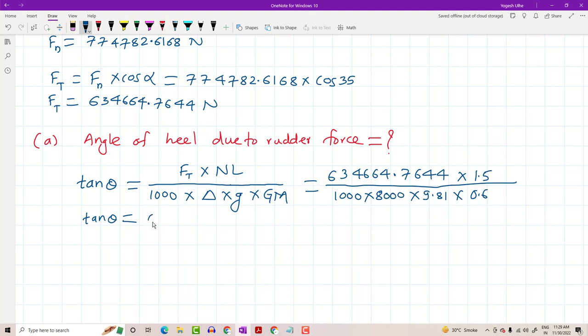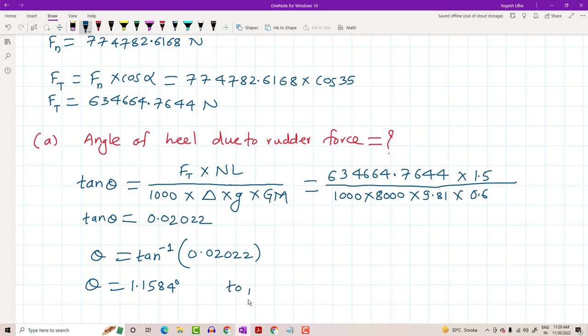If you do the calculation, we get tan theta as 0.02022, and theta will be tan inverse of 0.02022. Go to your calculator. Angle of heel due to rudder force will be 1.1584 degree.